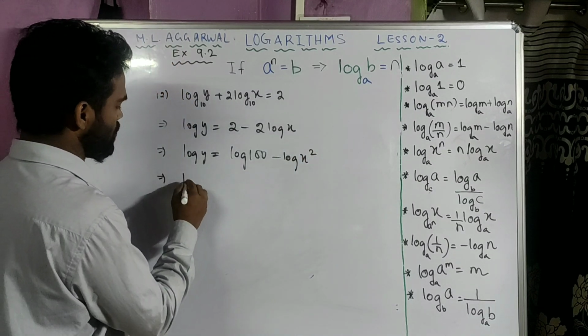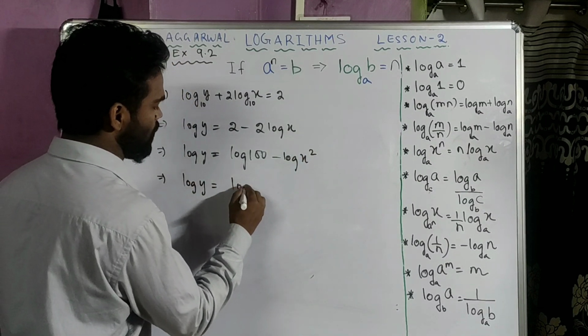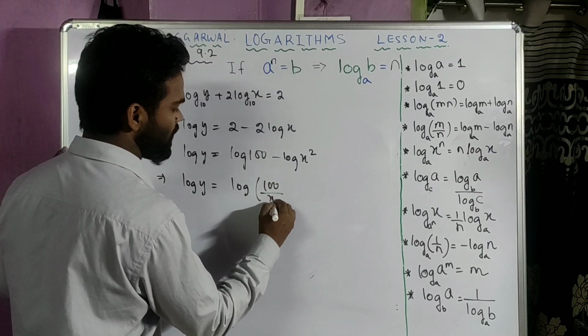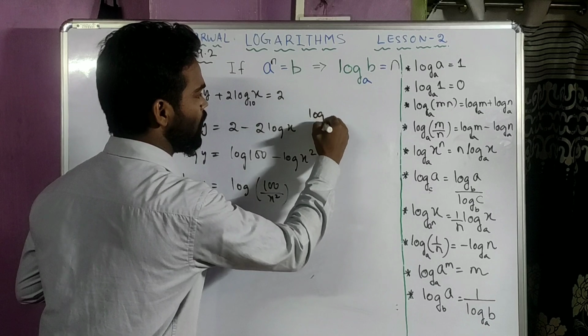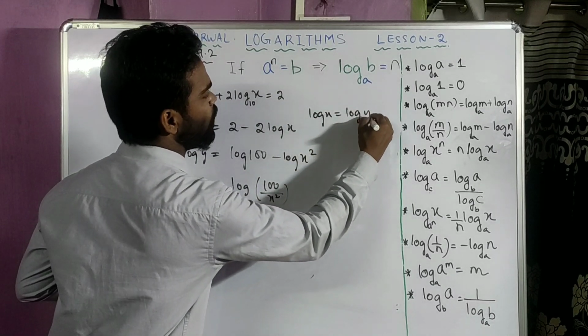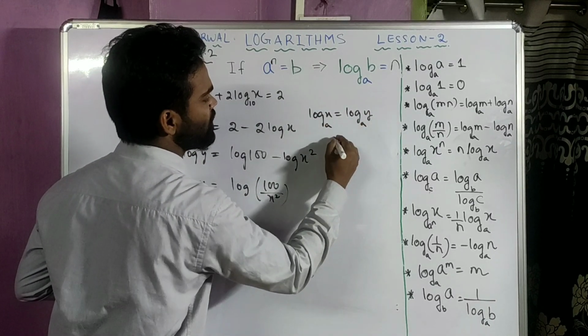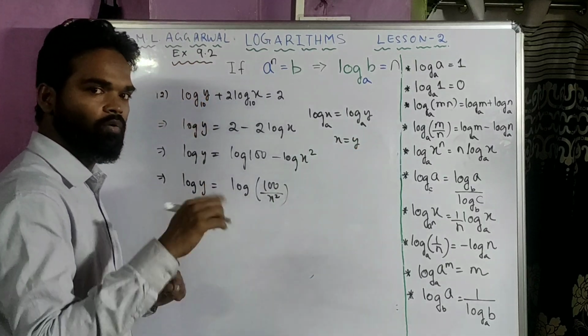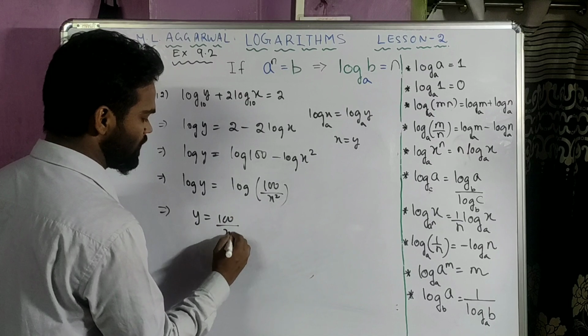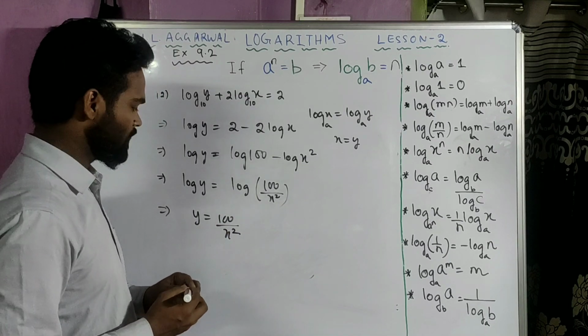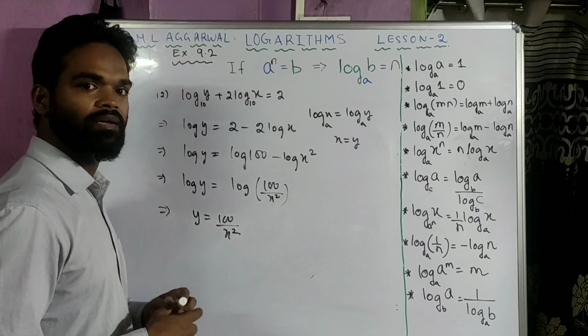So this becomes log y equals log 100 by x square. And the bases are the same. So we know if log x equals log y and the bases are the same, then x equals y. We have already done this in lesson 1, which means y equals 100 by x square. And that's my answer, the relation between y and x.